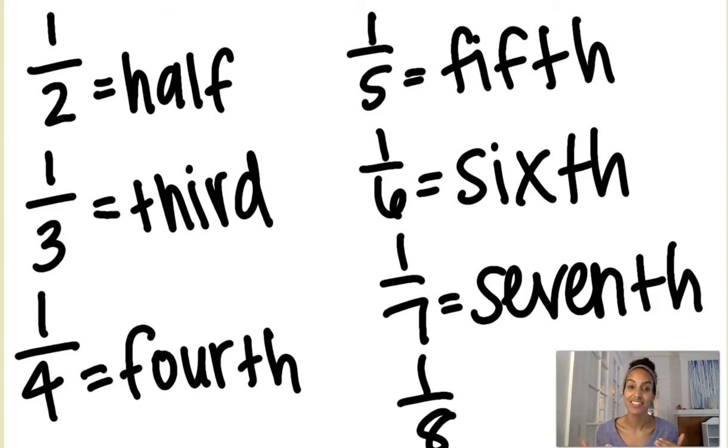If the numerator was 2, you would still read it the same way, 2, but then halves. Then 1/3, 1/4, 1/5, 1/6, 1/7, 1/8, 1/997. Okay? They have the same formula.